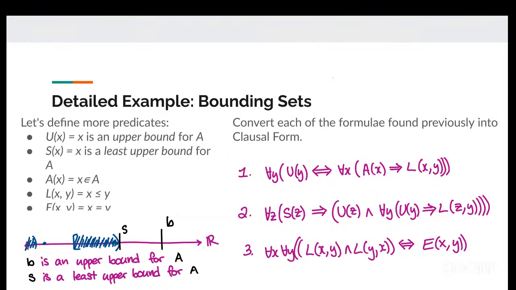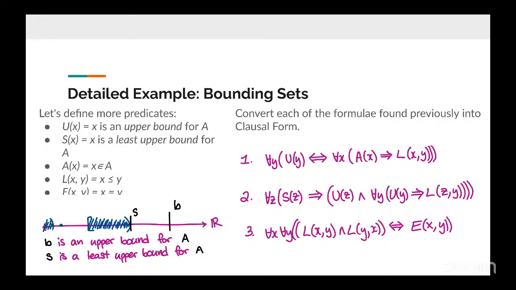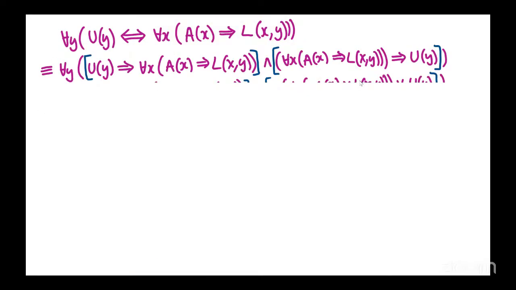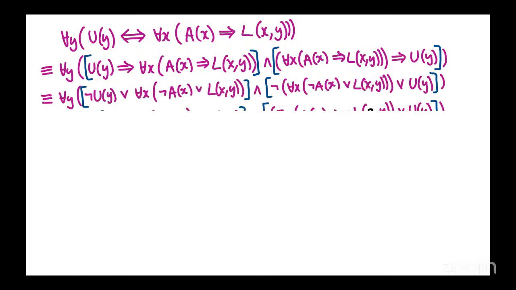Okay, should we go through the first example? So the first thing we do is we're going to split that bi-implication into two implications. So all we've done is we just split up the bi-implication one way and then the other way. Then the next step is we're going to turn all those implications into not or, like you said.